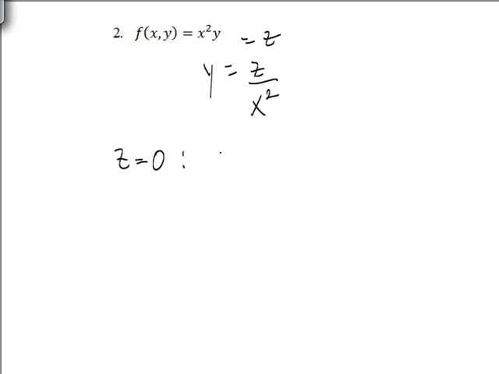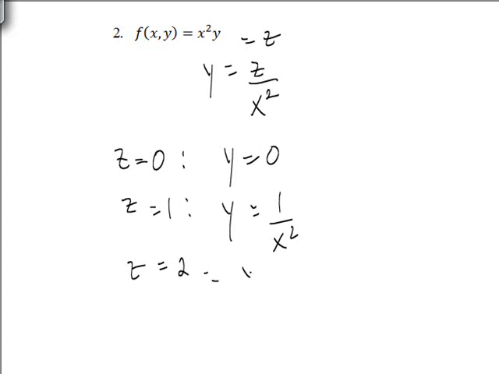Z equals 0 gives us y equals 0. Z equals 1 gives us y equals 1 over x squared. And let's just do z equals 2, y equals 2 over x squared. And you see where we're going, right? So we're not going to do any more.